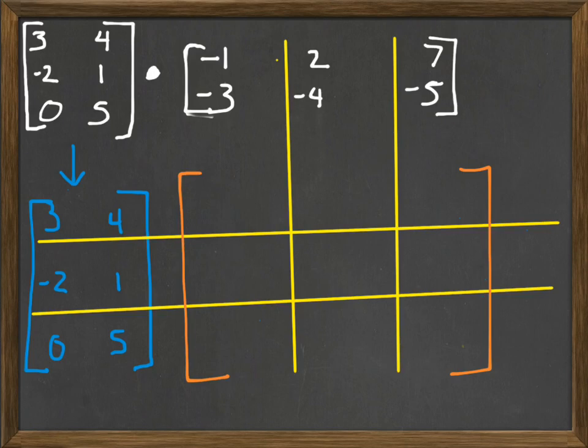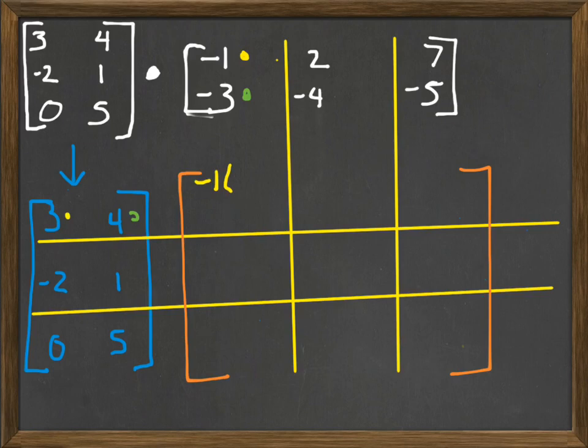When you're going through this process, you'll take that -1 from this spot here and multiply it times the 3 from out here. So you're going from the outside going in.